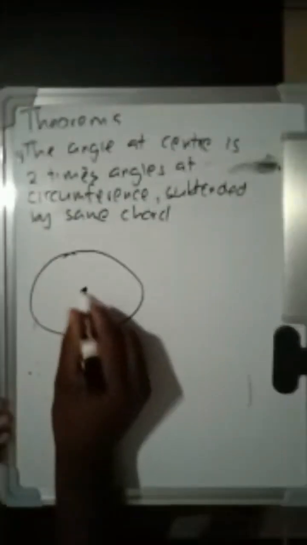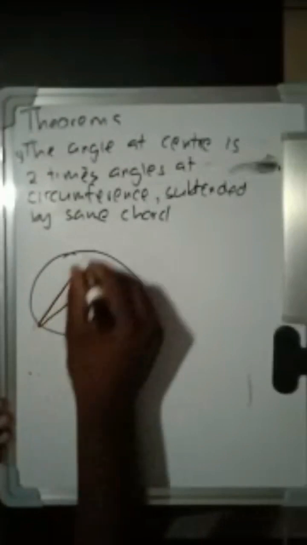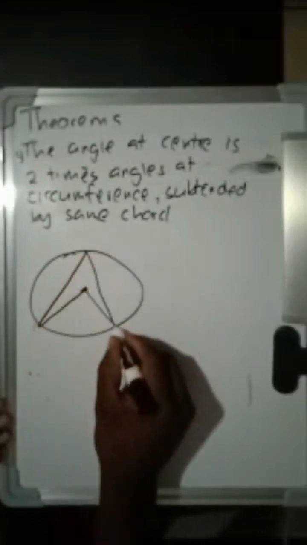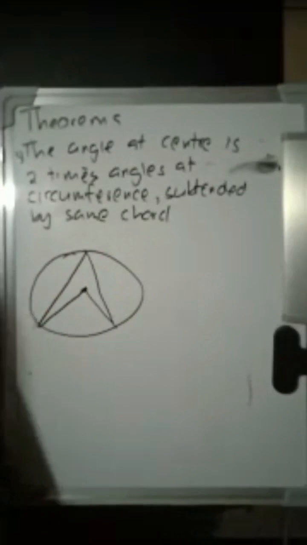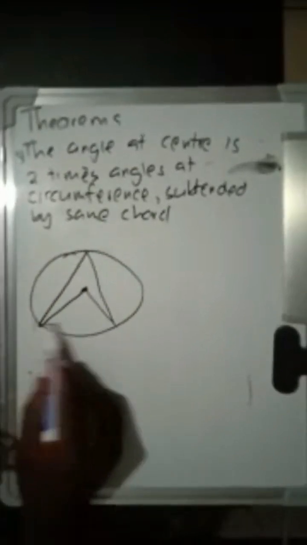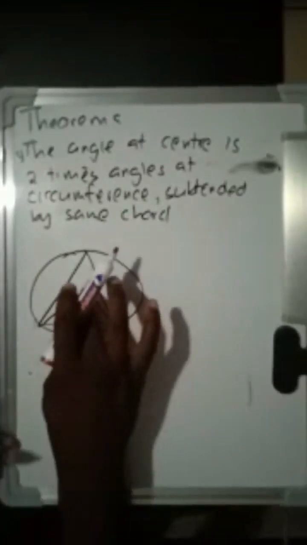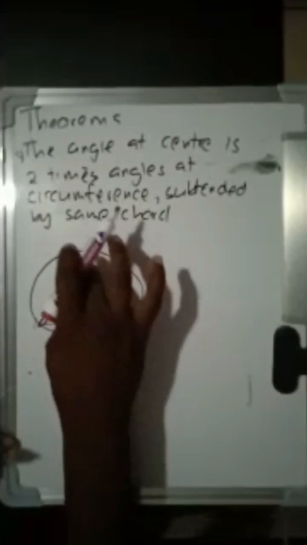Okay, we have the center there, and we do not have the chord there, but we see that a chord can be drawn there. That is actually supporting this one at center. Then there's also this one at circumference.